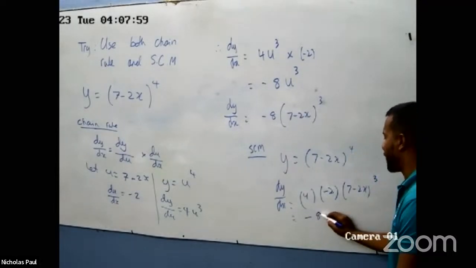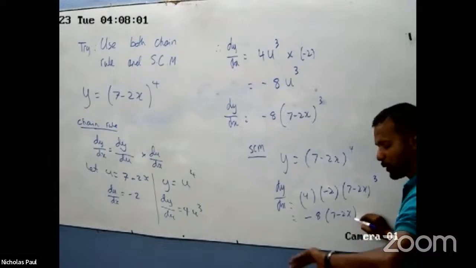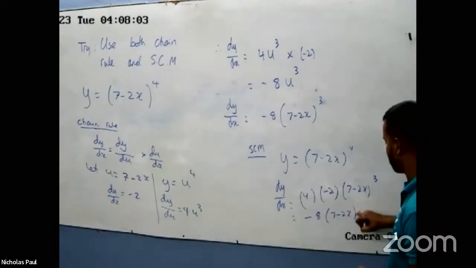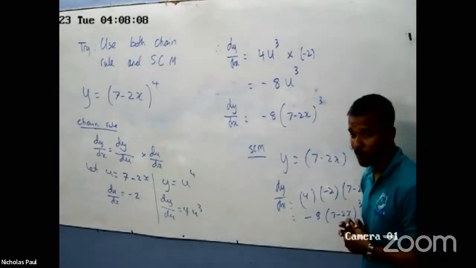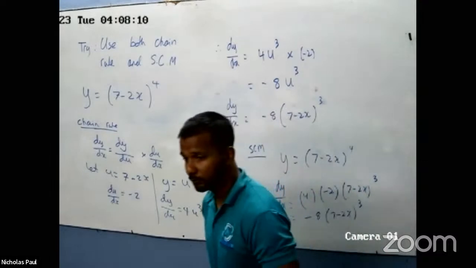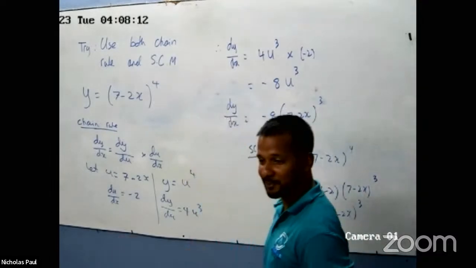So I'll get minus 8 by 7 minus 2x all cubed. All cubed. Okay with that? Okay there?